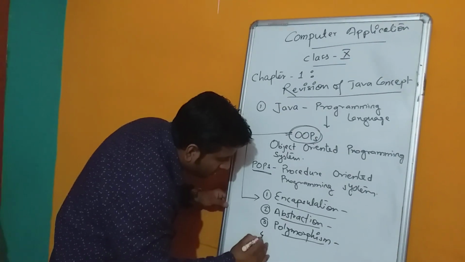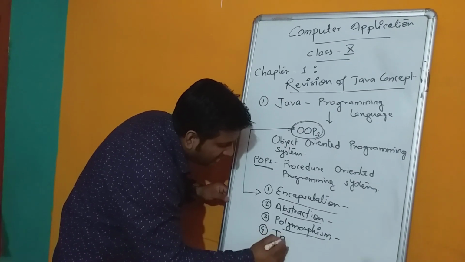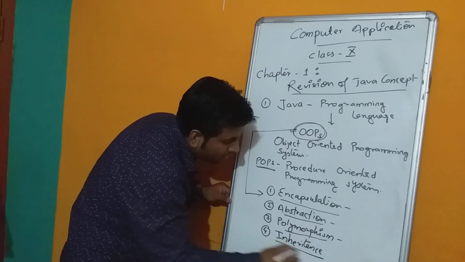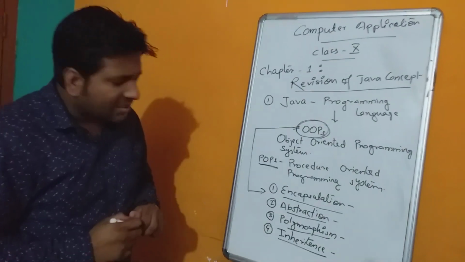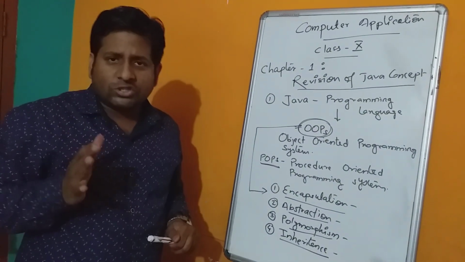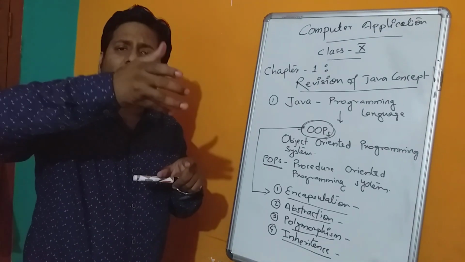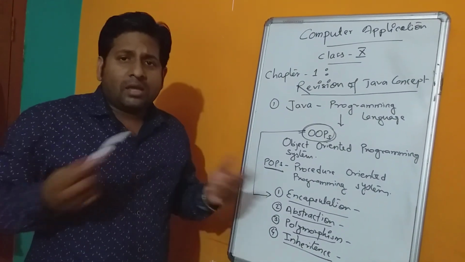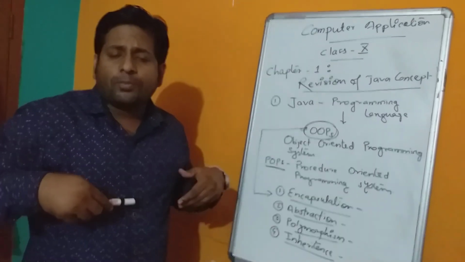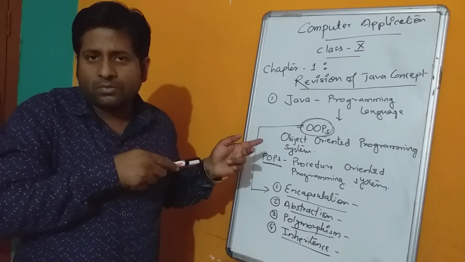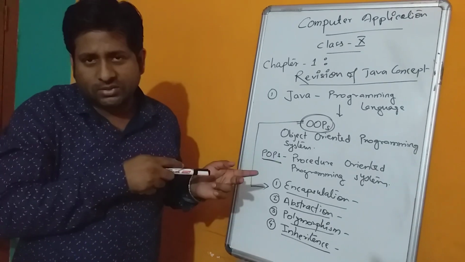And the fourth is known as inheritance. See, inheritance is the process, or you can say it's the property, by which one class can acquire the properties of another class. Like for human beings, we acquire properties, characteristics or behaviors from our ancestors, fathers and grandfathers.